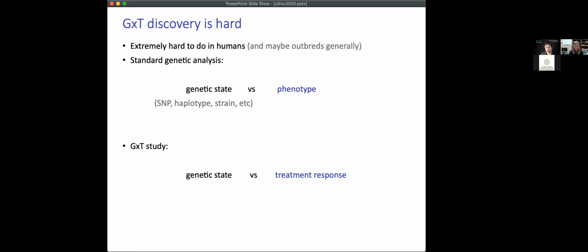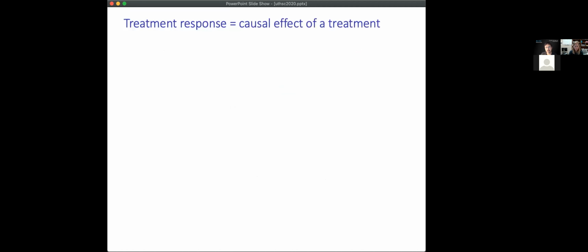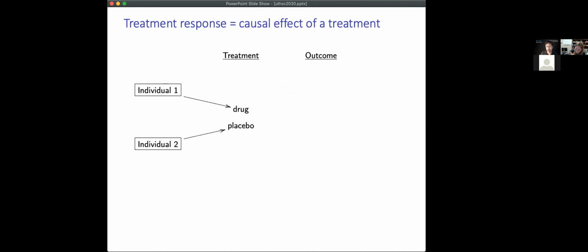So how is a treatment response different? Well, when we're talking about a treatment response, what we're really talking about is the causal effect of a treatment. And I'm going to dig into this just a little bit because I find it a really useful framework for thinking about these things. So let's imagine that we've got two individuals, individual 1 and individual 2, and we give individual 1 the drug and we give individual 2 the placebo.